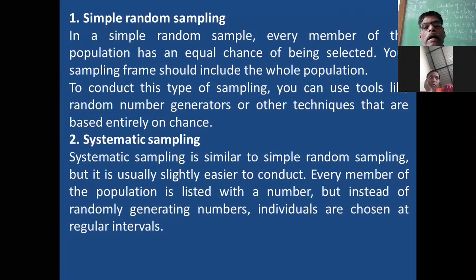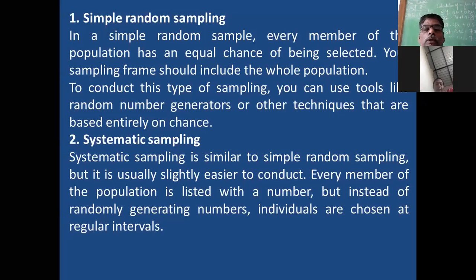Then choose at fixed intervals. Fixed interval means, for example, you want to select 10 students. You divide by 10. 80 divided by 10, at the rate of 8 interval, you have to select one candidate.